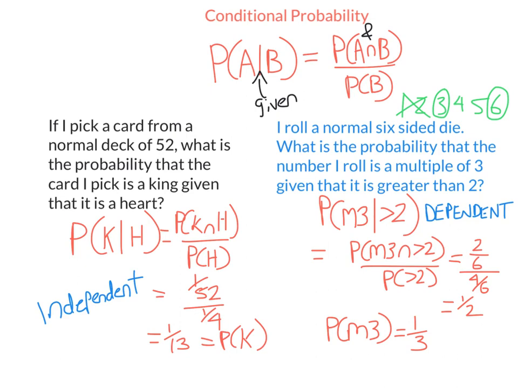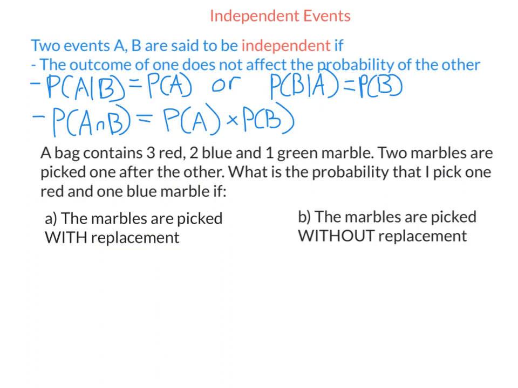So we're going to look more now at independent events. More formally, 2 events A and B are independent if any of these is true. If 2 events are independent, it means that one does not affect the probability of the other. Just like on the previous slides, the events getting a heart and getting a king were independent because the fact that I got a heart did not affect the chances it was a king.